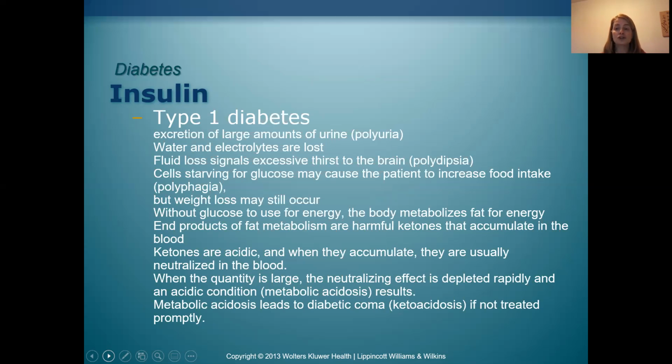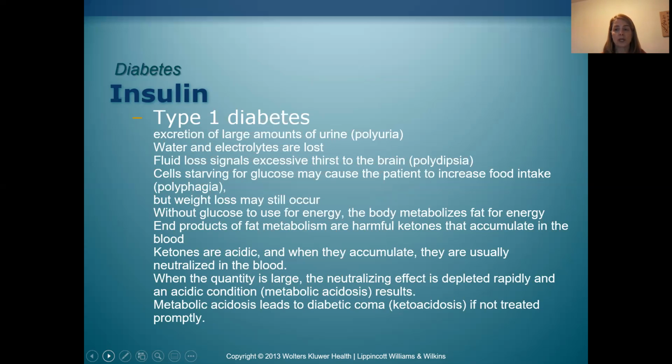The cells are starving for food, so they increase their food intake, but they have a weight loss because the cells aren't able to use the glucose in the food. Without the glucose, the body metabolizes fat for energy.